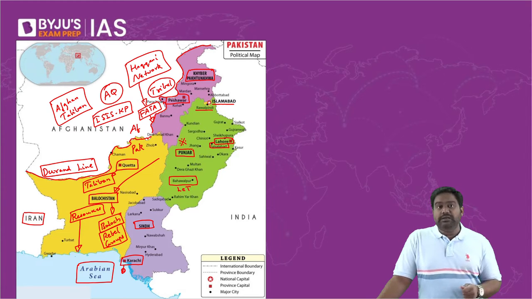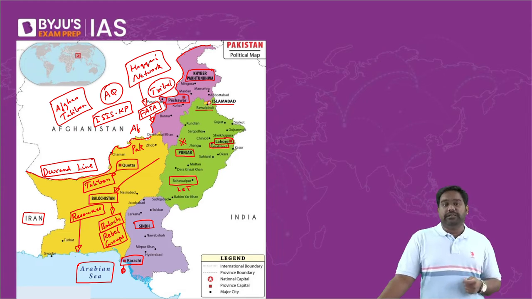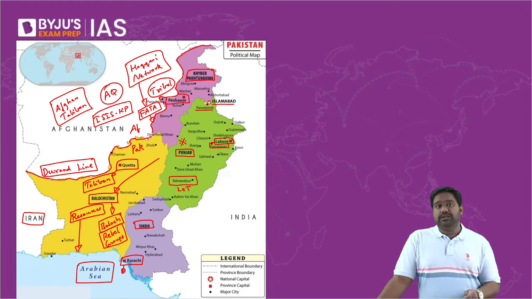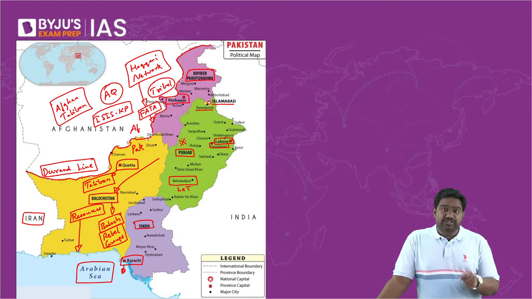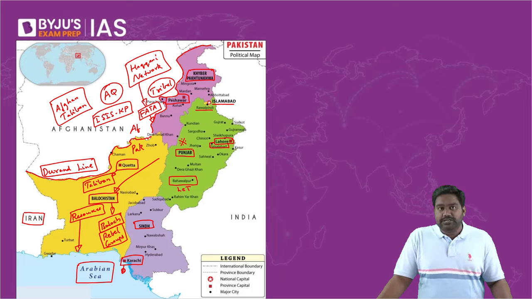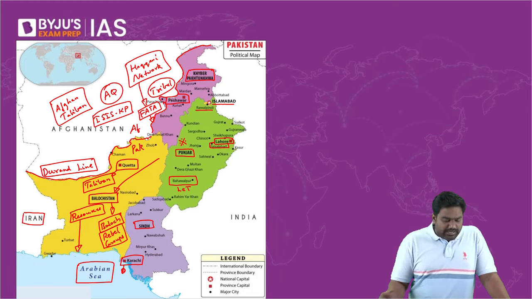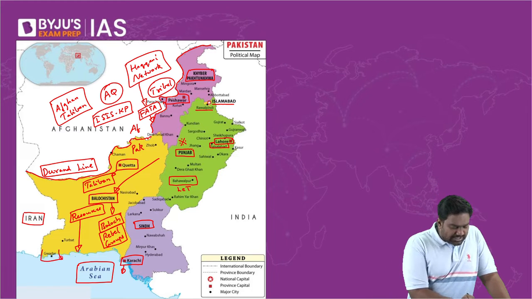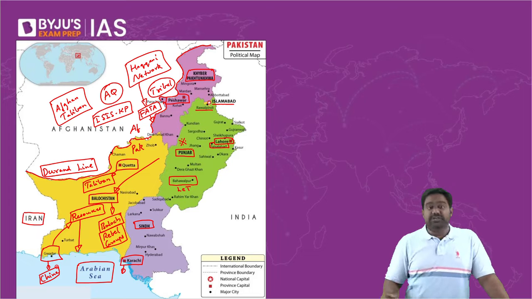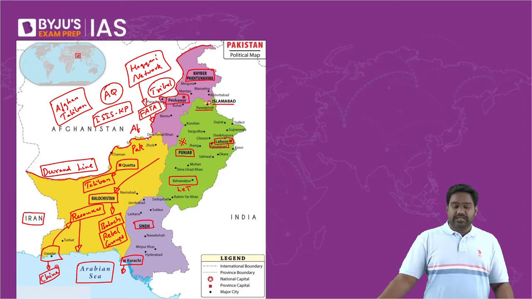Many criminal cartels, including the Dawood Ibrahim cartel, have a major presence at Karachi, and even terrorist groups have a major presence at Karachi. Here you can also see the Gwadar port, the strategic Gwadar port of Balochistan, which has been built by China. China has constructed this strategic Gwadar port that faces the Arabian Sea.